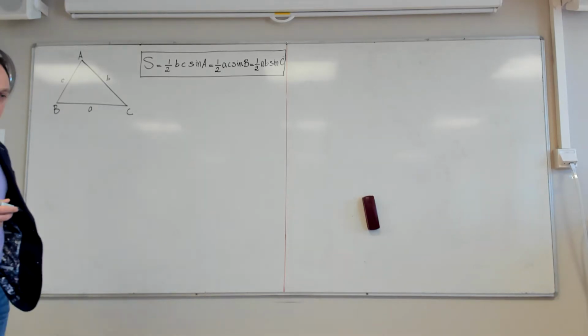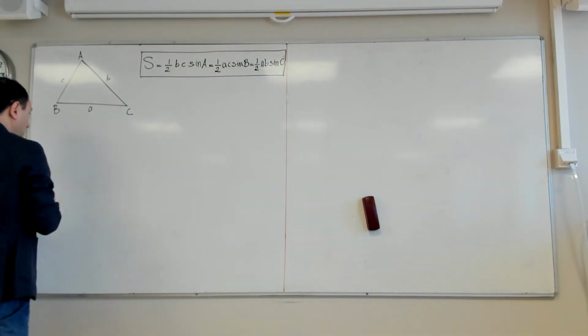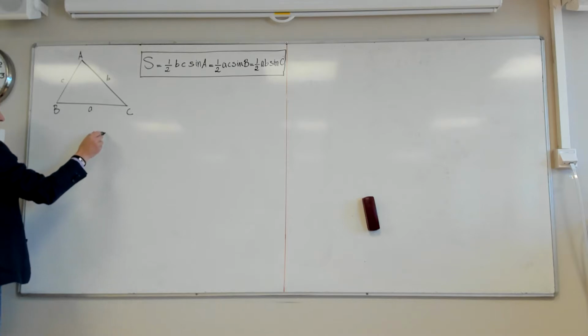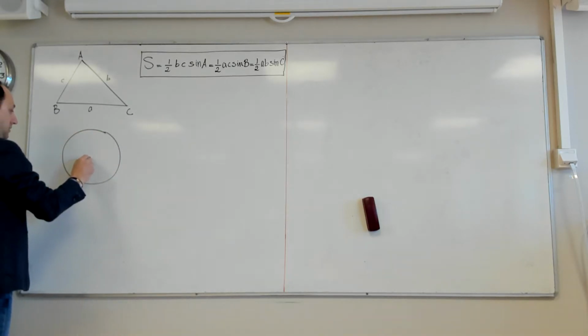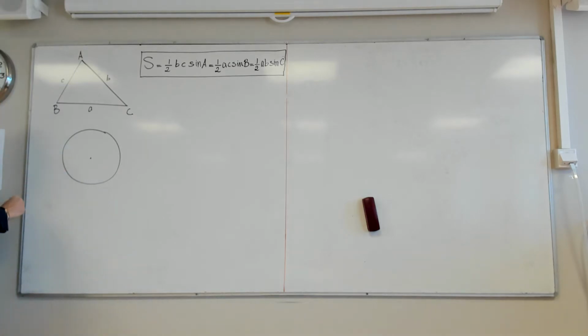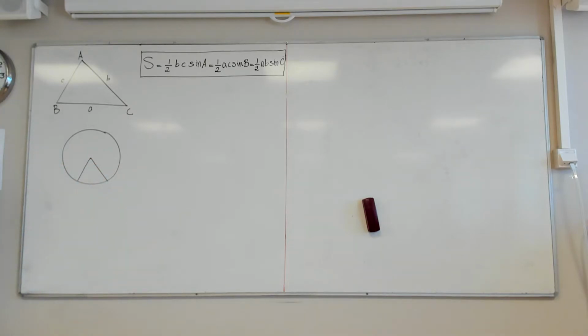So let me give you some exercises related to that. So this is a common practice. So let us assume that I have a circle here. Yes? And then I take the center of the circle, and for example, I take one piece of this circle.